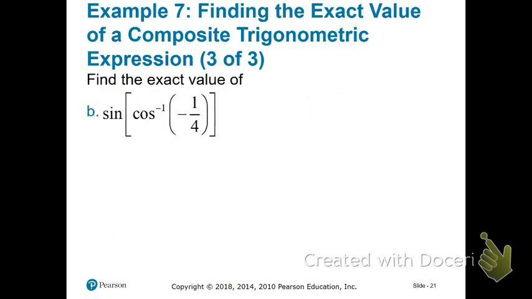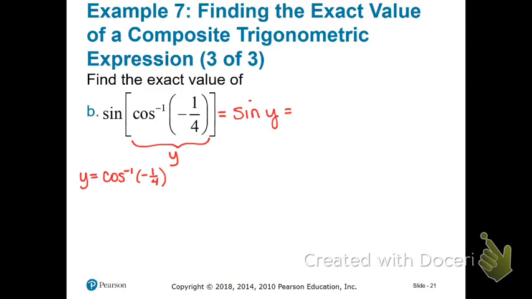All right, so for B, we're going to do the same thing pretty much. So we're going to take the inside, and we're going to let it equal y, and we're going to work it out, which means we're really looking for sine of y. So we know y equals the inverse cosine of negative 1/4.